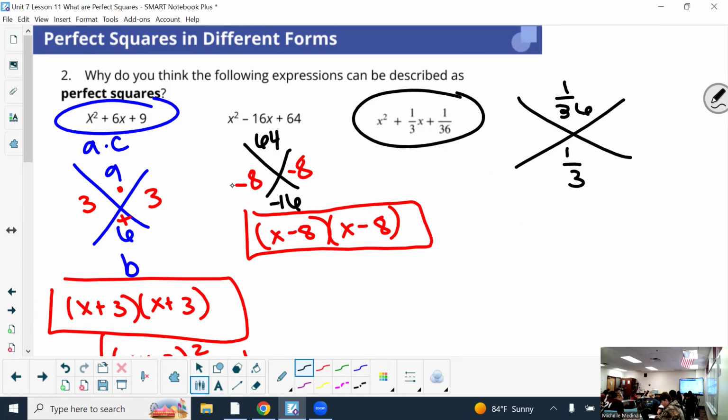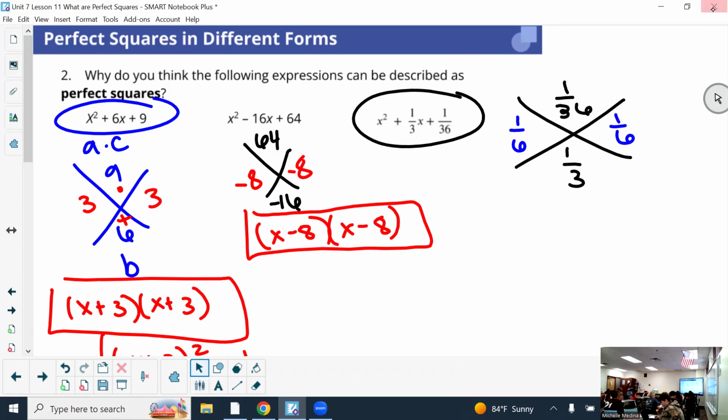So what times itself will give me 1? 1. My numerator would have to be 1 then. What times itself will give me 36? 6.